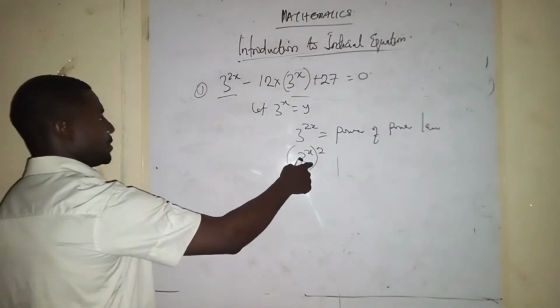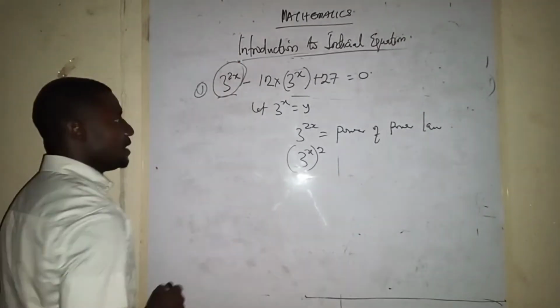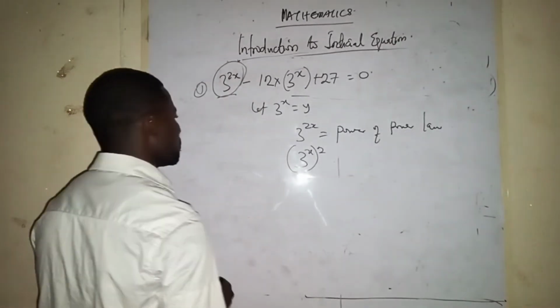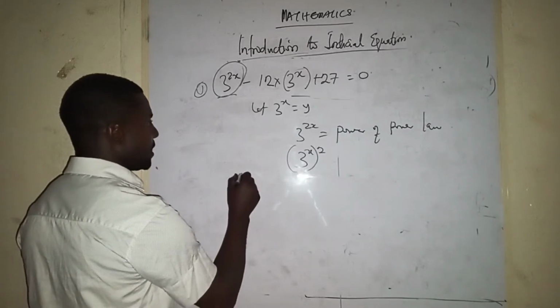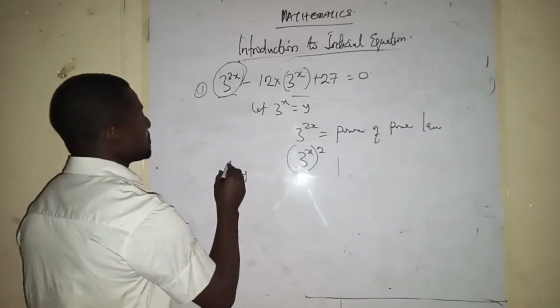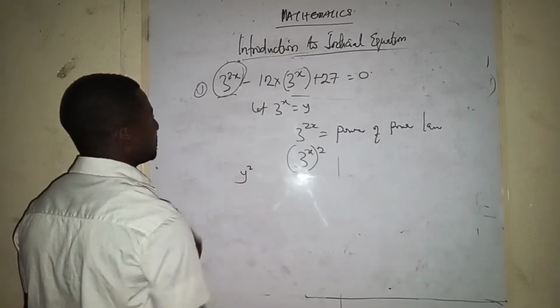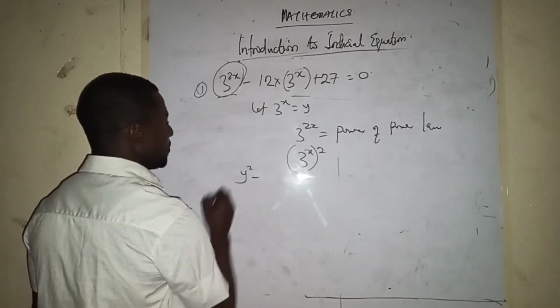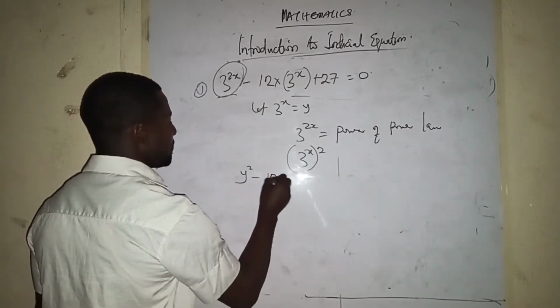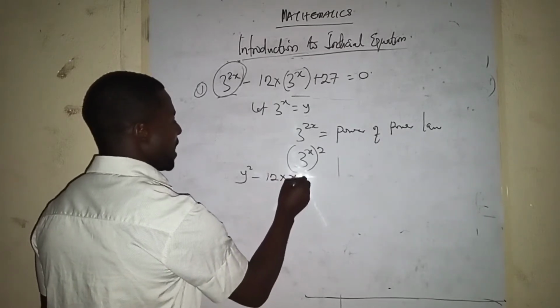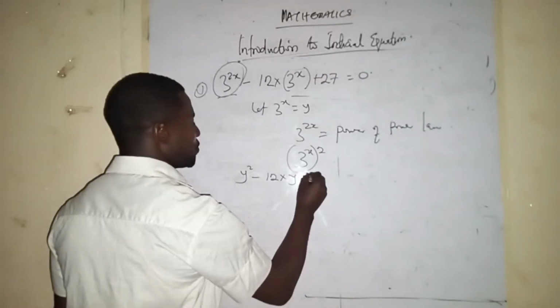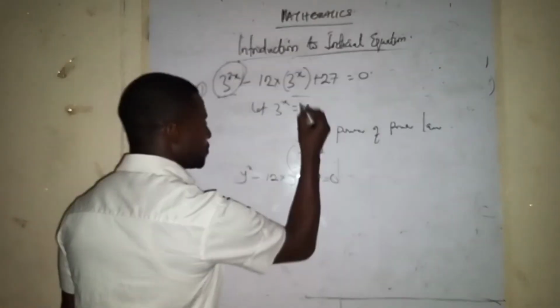So with this, we can now eliminate 3 raised to power 2x. So it becomes y squared minus 12 times y plus 27 is equal to 0.